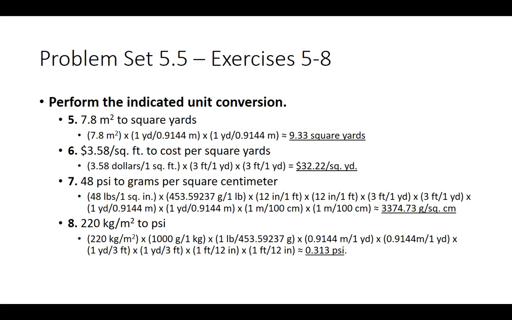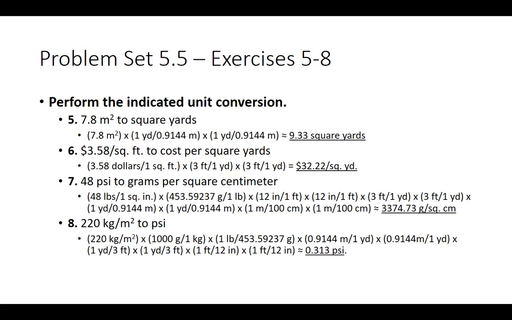We need to end up with grams per square centimeter. So the pounds on top need to get converted to grams, and then the square inches on the bottom need to get converted to square centimeters.